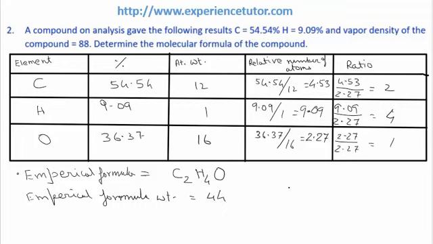Molecular weight is equal to 2 into 88, which is equal to 176.